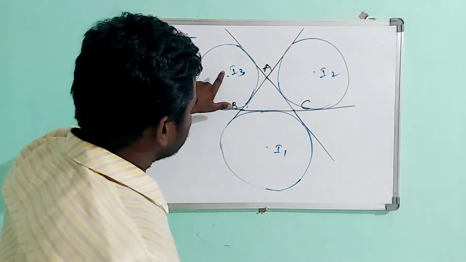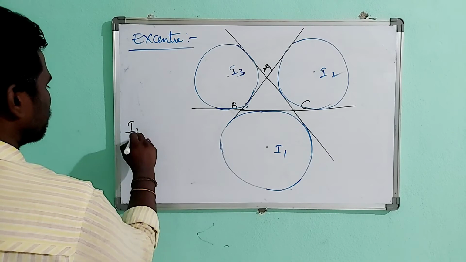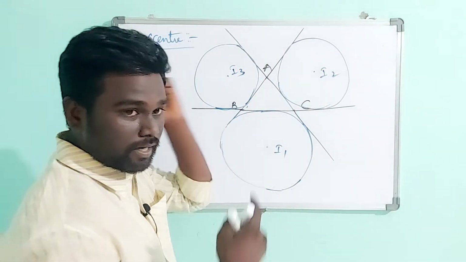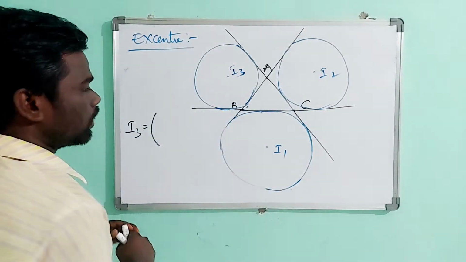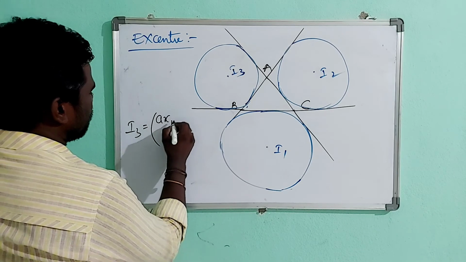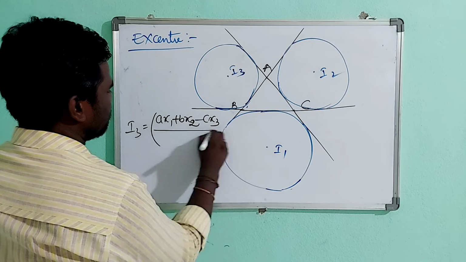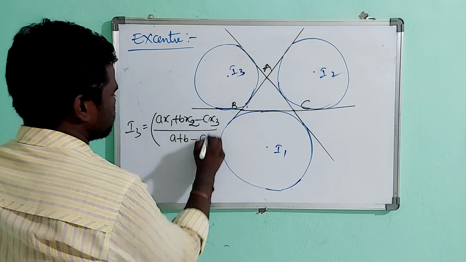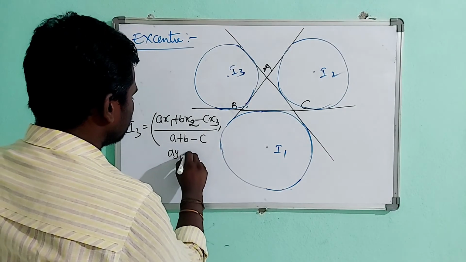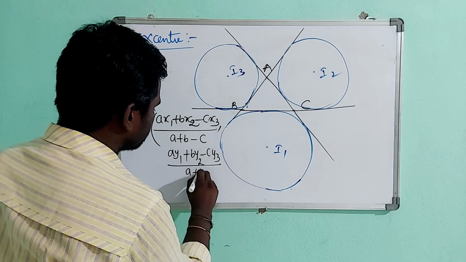This we can find easily using the same formula, with the minus sign on the third term: (AX1 plus BX2 minus CX3) by (A plus B minus C), comma, (AY1 plus BY2 minus CY3) by (A plus B minus C).